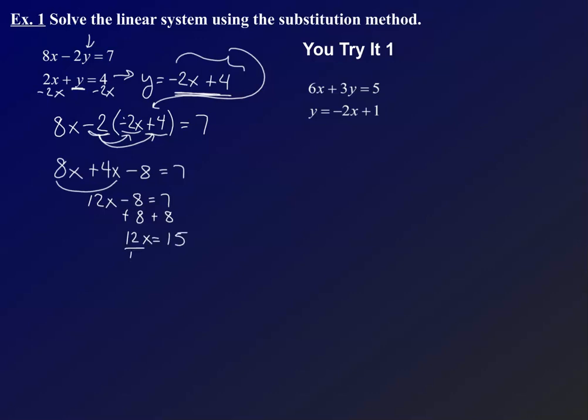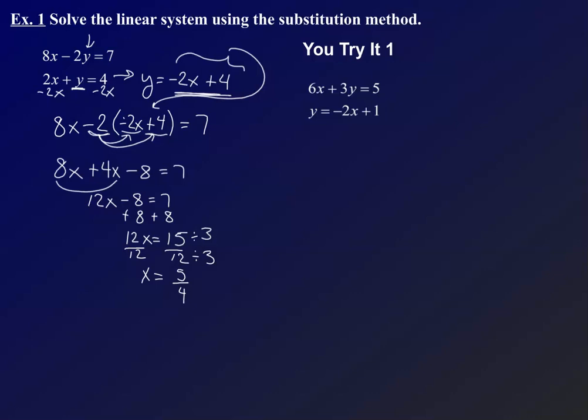And then we can divide by 12. And x is equal to, this reduces, 3 goes into both. So x is equal to 5 over 4.